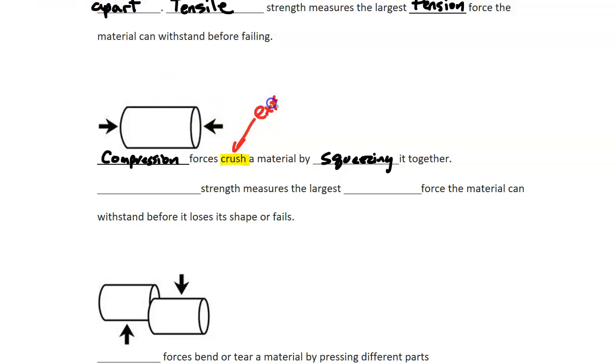Again, this is external, where the compression is the internal force. It's what's happening inside the material caused by the crushing that will move the particles together. And so we've got compressive strength, which measures the largest compression force that the object can take before it fails.